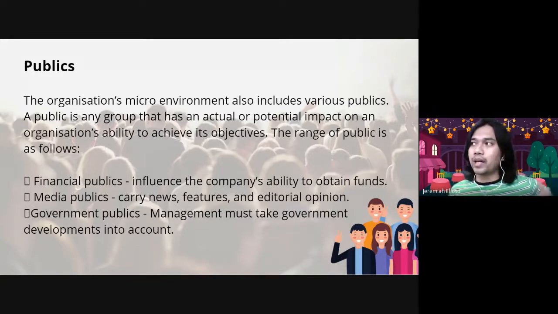And we are aware, since last time we were discussing the digital trends in marketing, that digital marketing or social media could be a double-edged blade. Ibig sabihin, it could work for you or it could also threaten you.